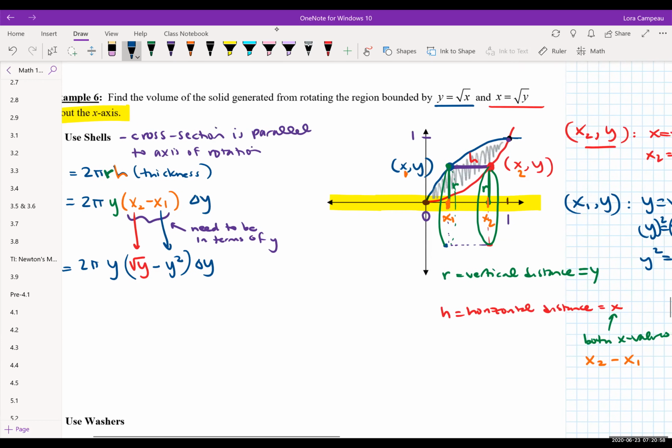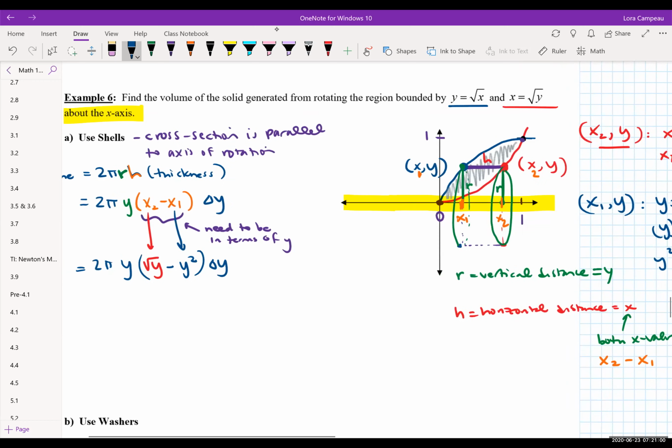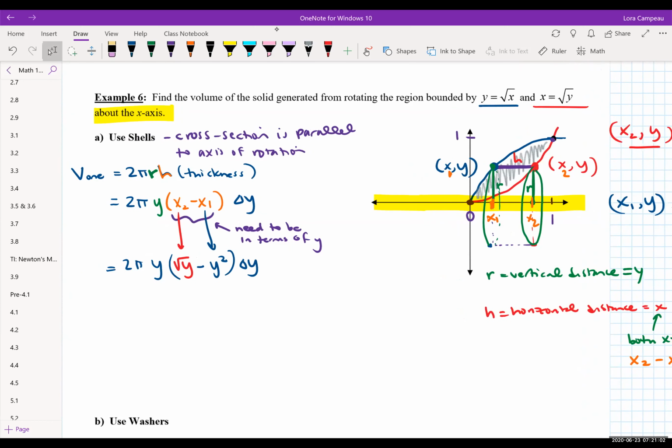Whenever I'm stuck, what I always do is think about, okay, once I have my volume of one set up in terms of radius and height, and I'm not using r and h anymore, I'm using x's and y's, I go back to who is my thickness, delta y. And then once I understand it's delta y, anyone that was not a y has to be rewritten in terms of y.